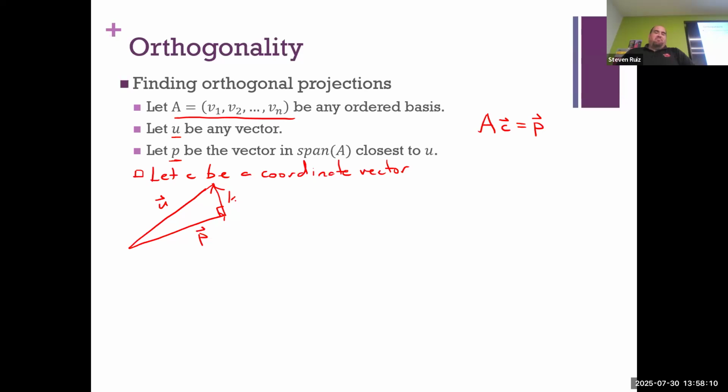This is basically that orthogonal piece. So based on the way these vectors are related, what can I say about this dot product, P dot K? It doesn't equal U, because U is a vector.